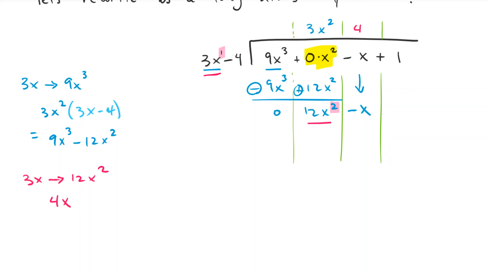So we're going to put a 4x up here. 4x times 3x minus 4 gives us 12x squared minus 16x, which we'll place up here underneath the 12x squared minus x.